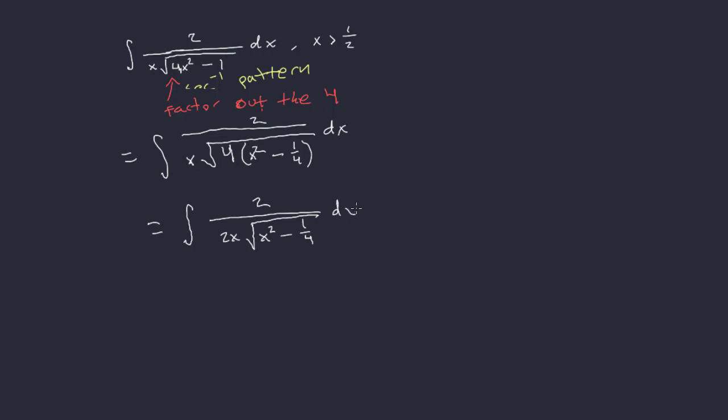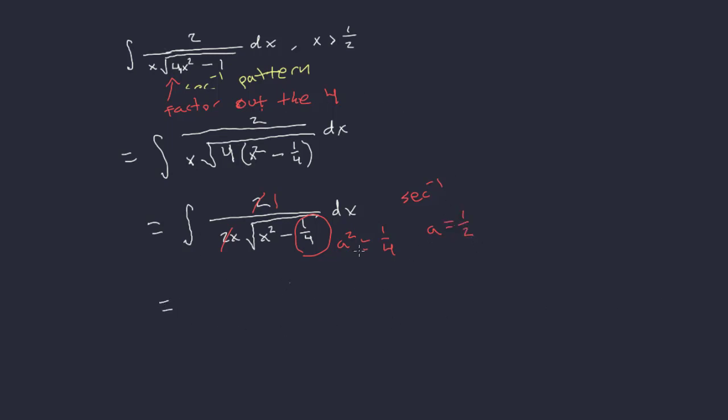And now it is a secant inverse pattern exactly, because here's our a squared. We have x squared minus a squared, and these 2's cancel, and I'm left with a 1 up there, so that gets rid of that too. If a squared is 1/4, that means a is 1/2. Remember our secant pattern.